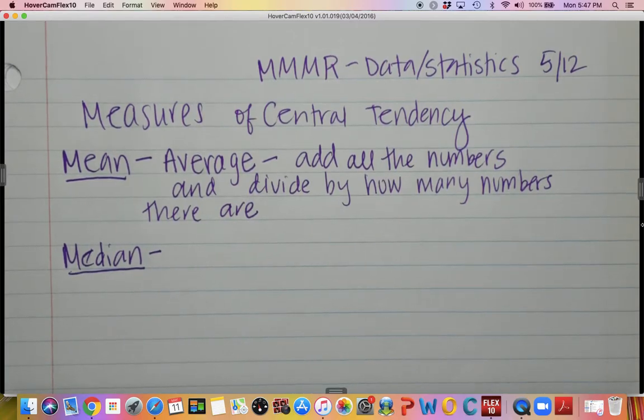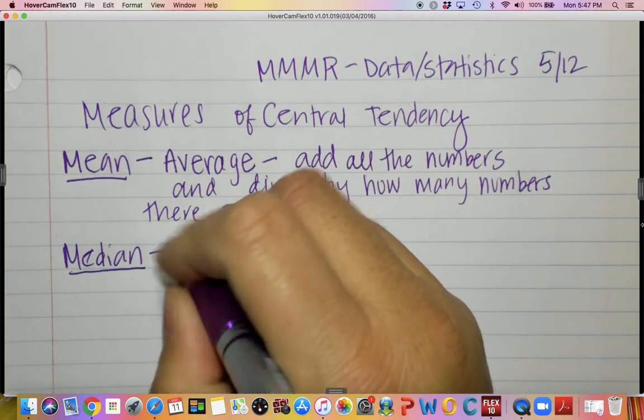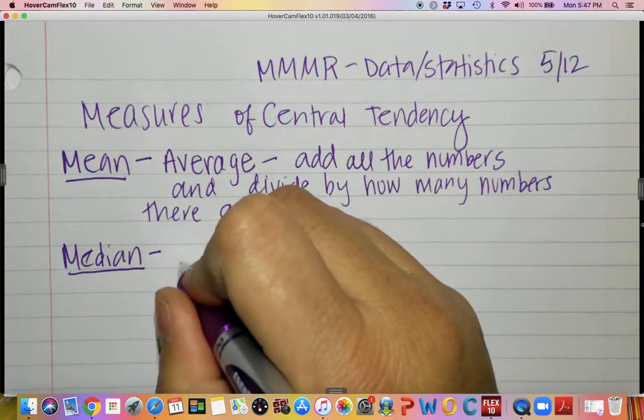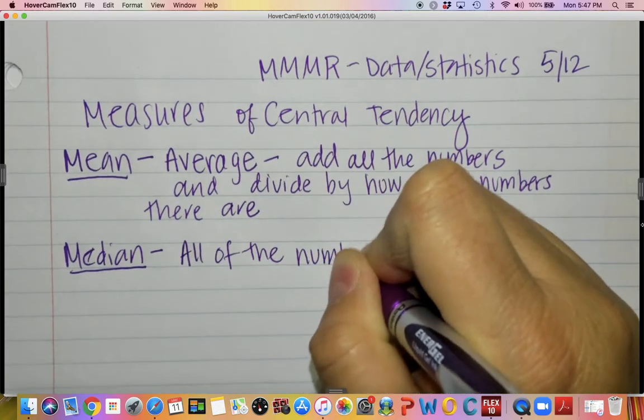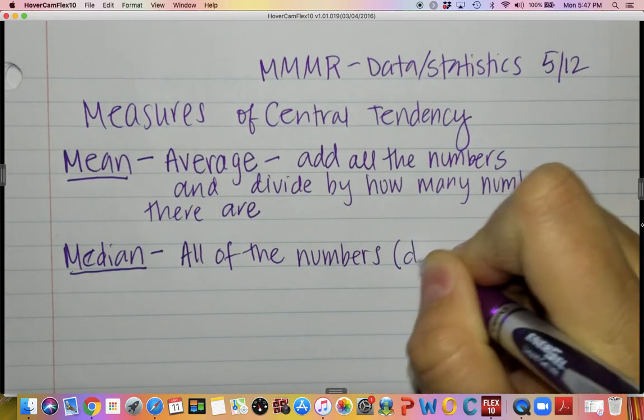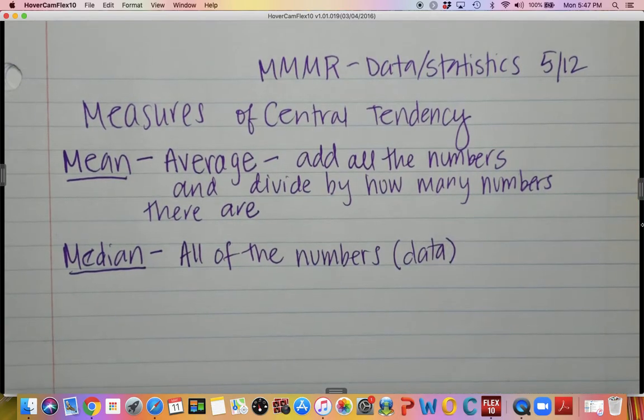So in order to find the median, it's all of the data, all of the, I'm going to say numbers, but here I'm going to put data because sometimes your data is not numbers. Sometimes the answers could be what color is your shirt, and it could be red, red, red, blue, blue, blue. That's a different kind of data, but it's still something that you can possibly look at.